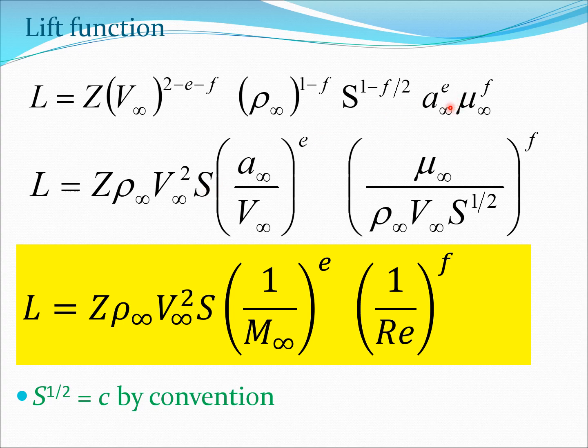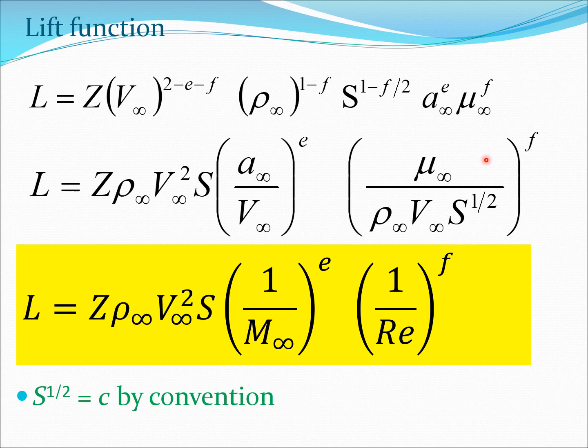Then I get a infinity to the power E, that's this value, and then V infinity to the power minus E, so the V infinity goes down. And similarly I get mu infinity here, I get rho infinity to the power minus F, which comes here, I get V infinity to the power minus F, which comes here, and I get S to the power minus F by 2, which comes here.